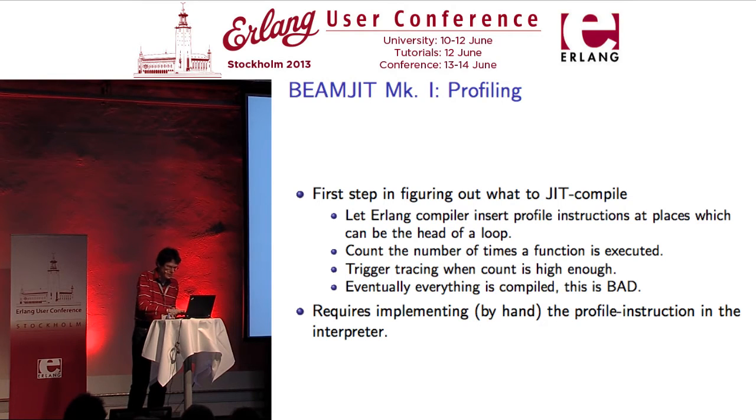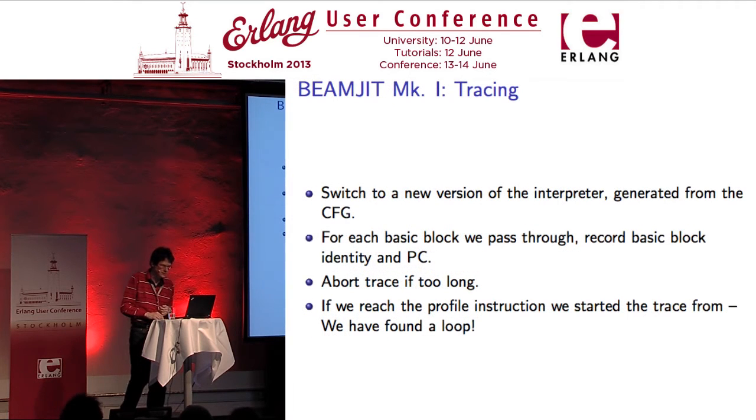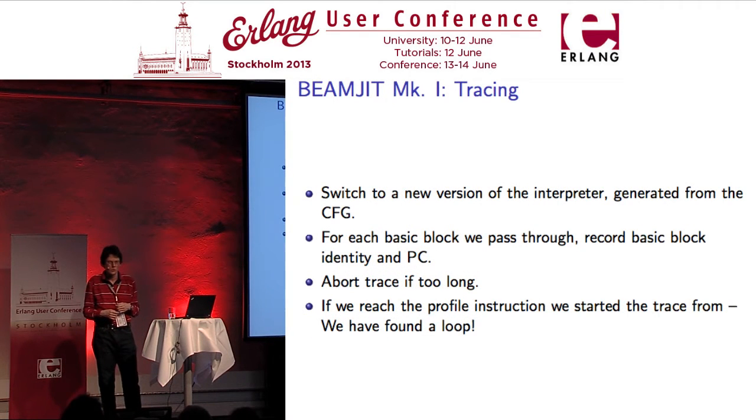I said that when we found something that was frequently executed, we turned on tracing. And to do that, we have to record all the basic blocks we pass through. We do that by switching to a new version of the interpreter, which we generate from our CFG.